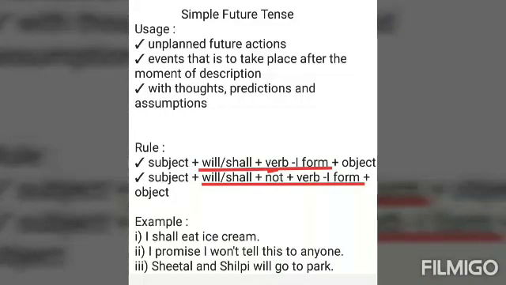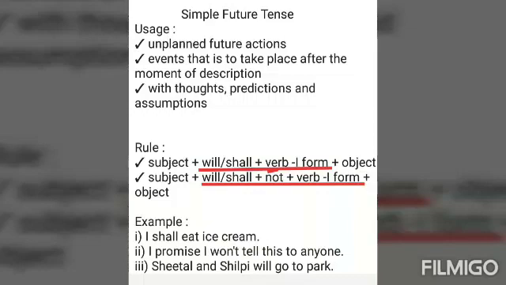Now the last tense related to simple is your simple future tense. In simple future tense, we talk about an action which has not happened yet. Some other uses are for unplanned future actions, events that are to take place after the moment of description, and with thoughts, predictions and assumptions we'll use simple future tense.